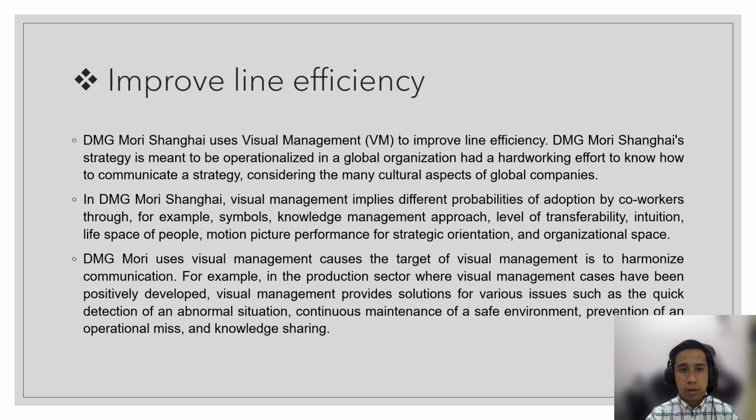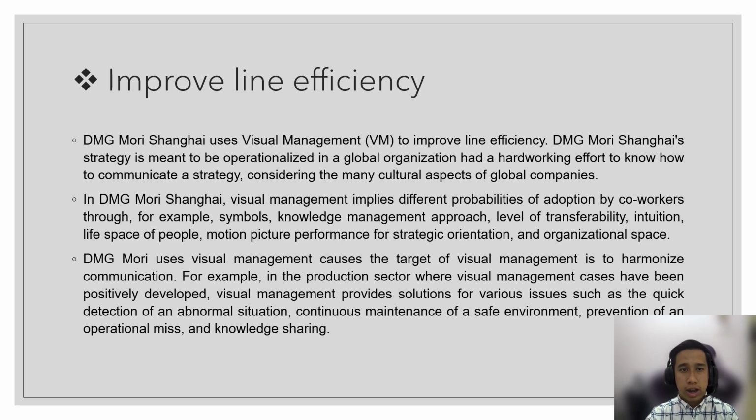In DMG Mori Shanghai, visual management implies different probabilities of adoption by coworkers, for example symbol, knowledge management approach, level of transferability, institution, lifespan of people, motion picture, performance for strategy orientation, and organization space.